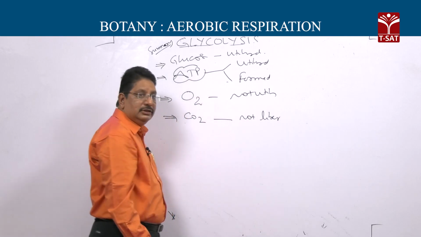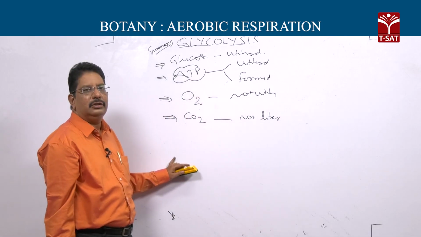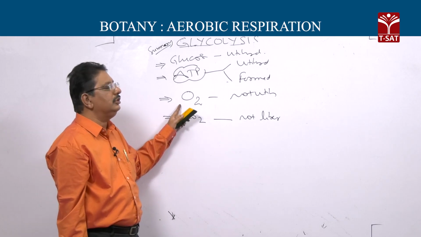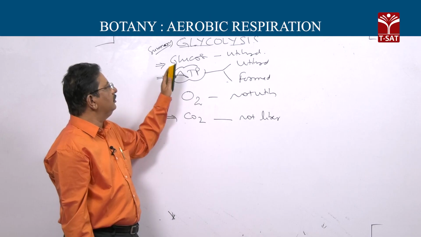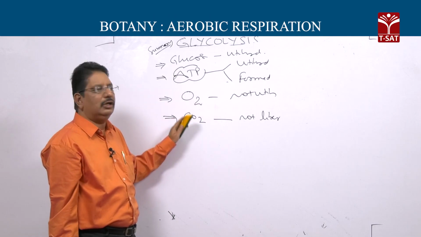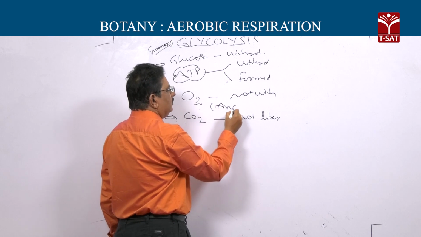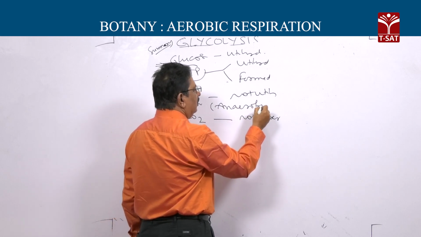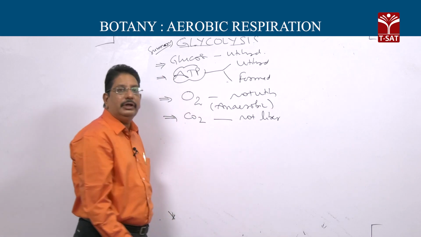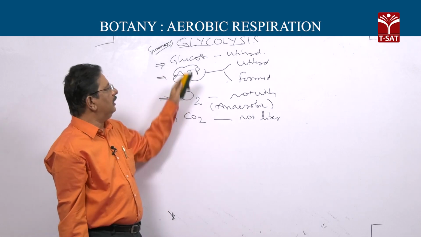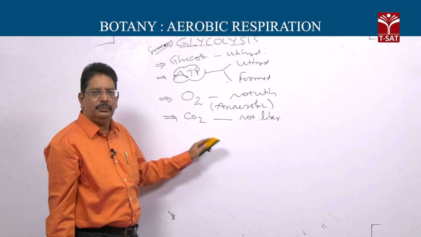Though you are discussing aerobic respiration, where oxygen is important, interestingly O2 is not utilized during glycolysis. So, one can say glycolysis is an anaerobic process. Without oxygen, the glycolysis process is able to complete.